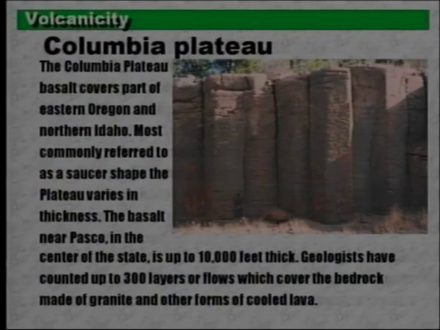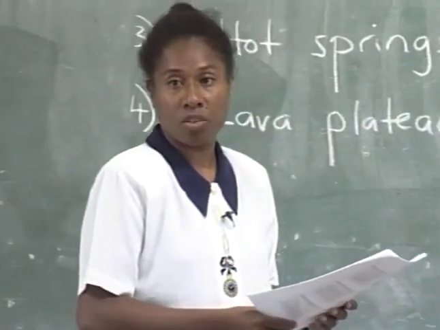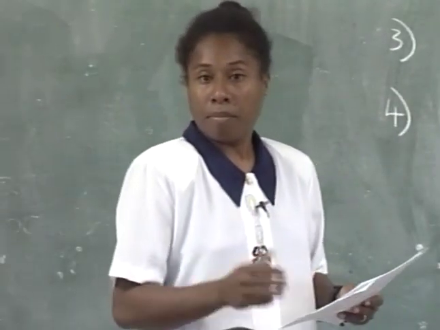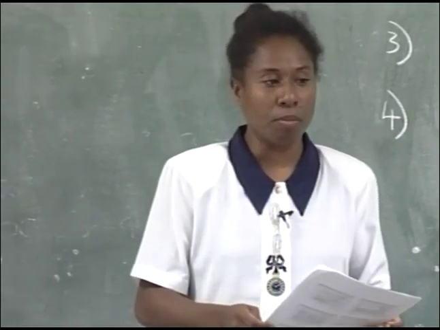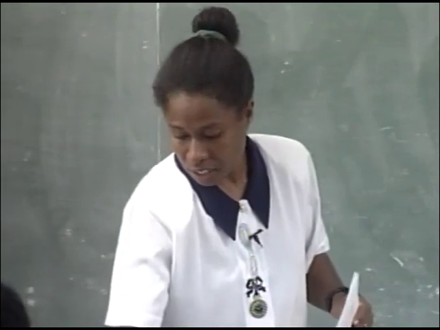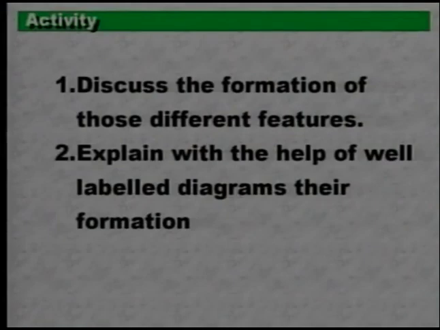Okay, I'm going to give you some work now to work on, and I would also want you to complete those activities for your homework, but we'll start on with the activities in class. Whatever you don't finish, I would like that information to be completed for your homework. The activities are, from those 4 features which we have looked at, I would like you to discuss the formation of those different features.